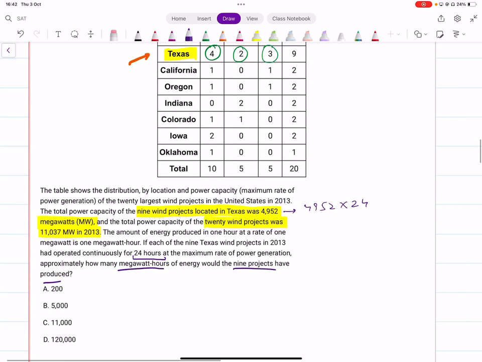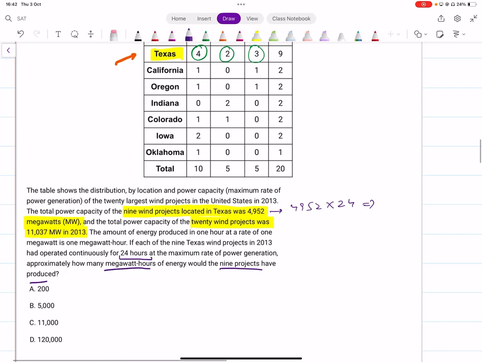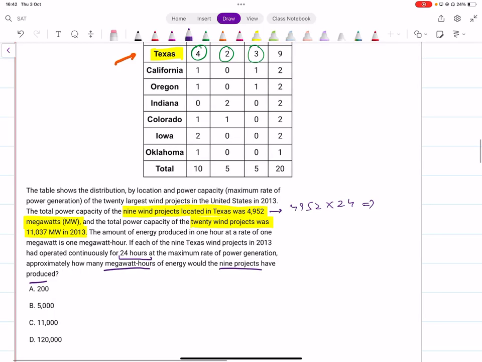Yeah, so just for 24 hours, just multiply this by 24. Let's see what we get from that. 4952 times 24. Okay, so that's 118,848. If you round that off, that should be D, 120,000.